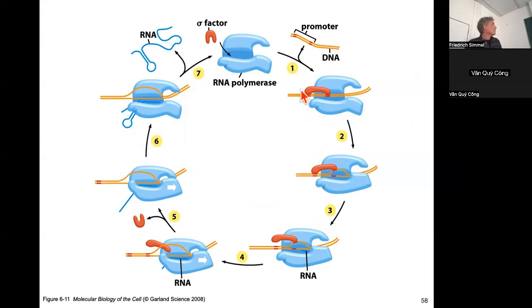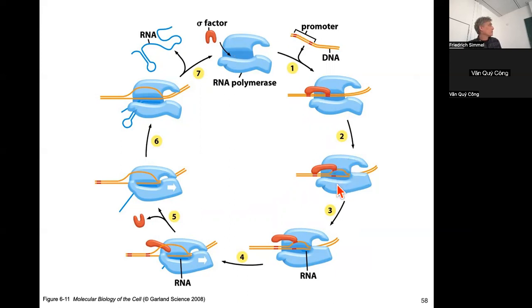So in DNA, RNA polymerization works like this. In this case, that's E. coli polymerase. This polymerase needs to find a certain sequence on the DNA, which is called the promoter. In this case, the sigma factor actually binds to the promoter and recruits the rest of the polymerase.